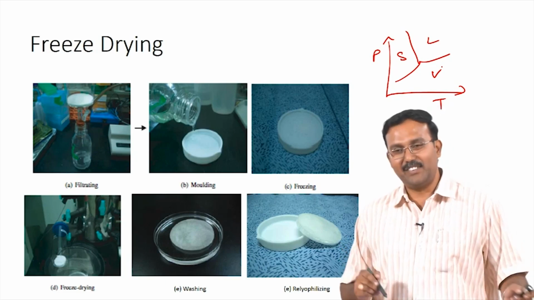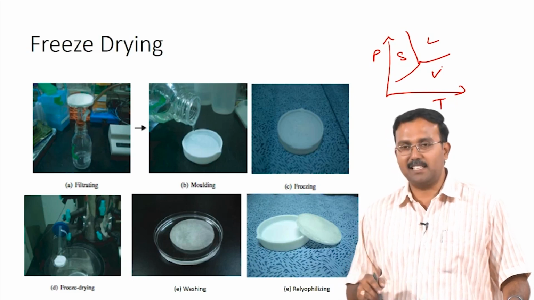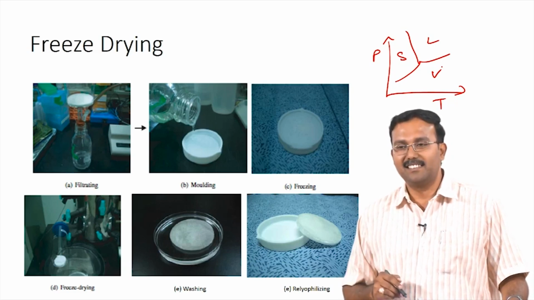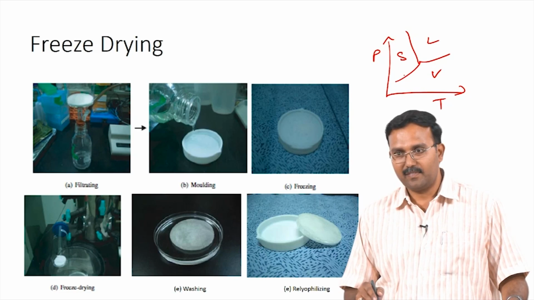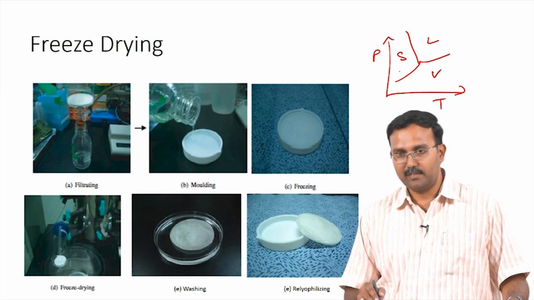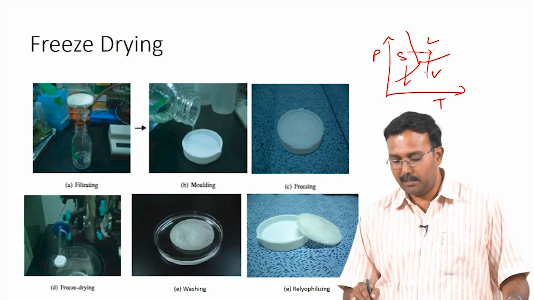So now that you have the phase diagram, can you actually tell me what's the process of lyophilization from here? Basically, at a low temperature, they reduce the pressure, so all the water sublimates. So directly it goes from solid to vapor. There's no liquid. Usually solid goes to liquid and then to vapor.